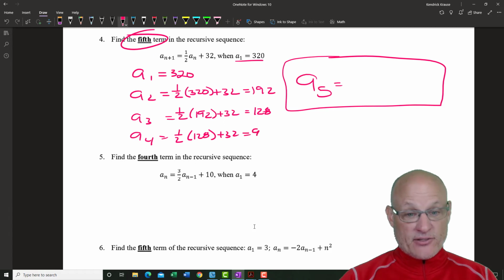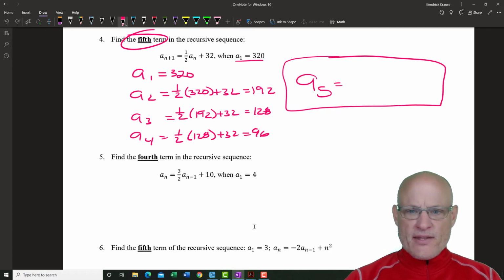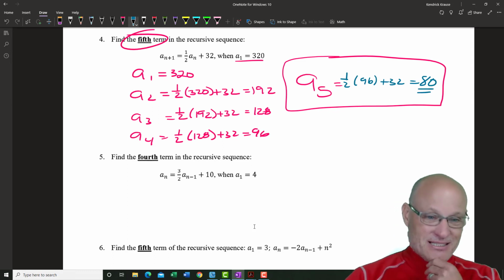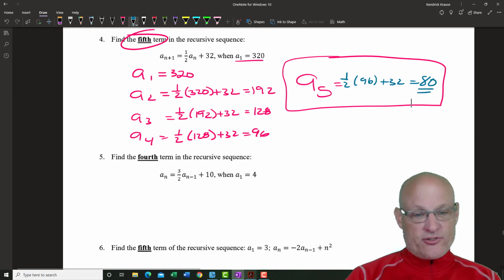I believe that's 96. And then over here, for our final answer, we're going to take half of 96, and we're going to add 32. Let's see. 48 plus 32, is that 60? No, that's 80. Excuse me, 80. 80 is my answer. And again, you can use the calculator to check it.